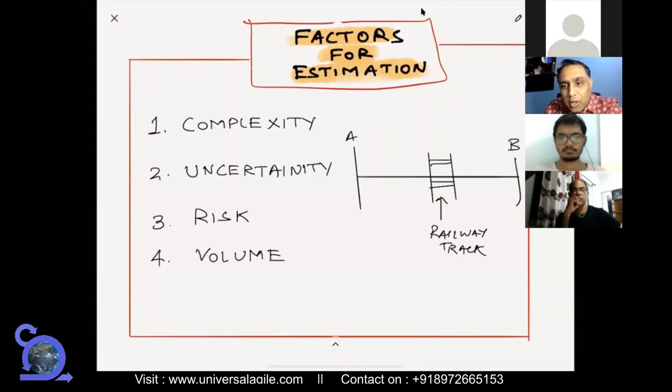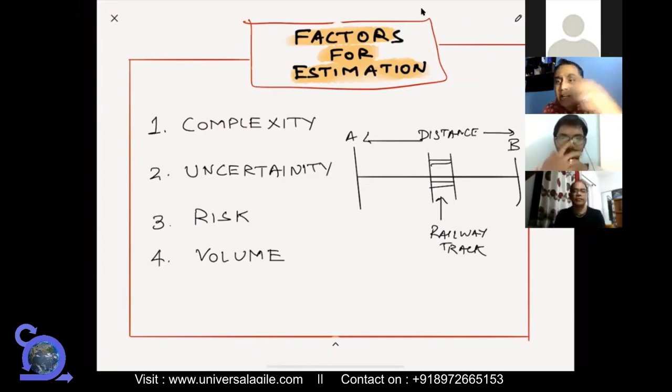So let's say you have to travel from A till B. Now, if you have to travel from A to B, the first thing you would like to know is the distance, isn't it? If you have to estimate how long will you take traveling from A to B, right? That's the volume part of it. Are you with me? All right.